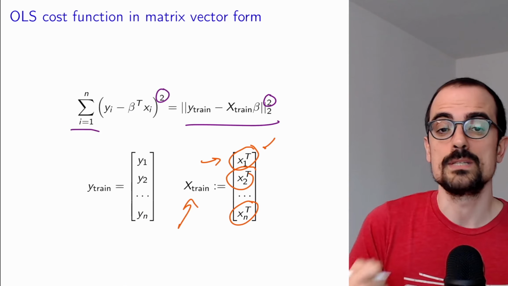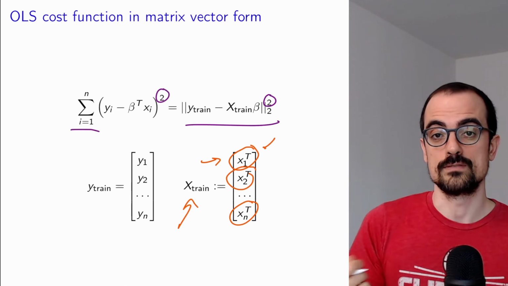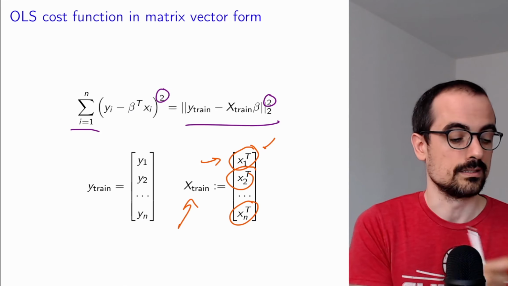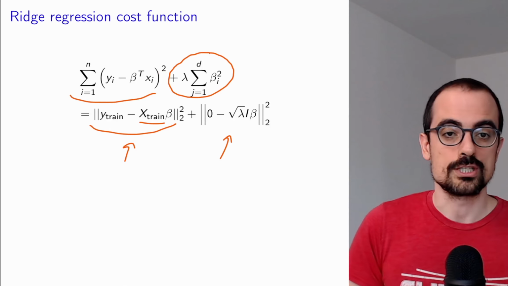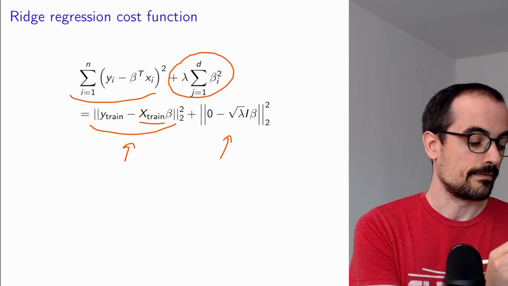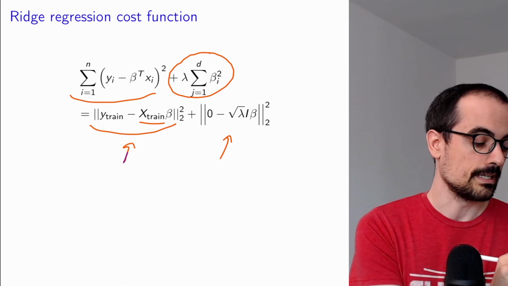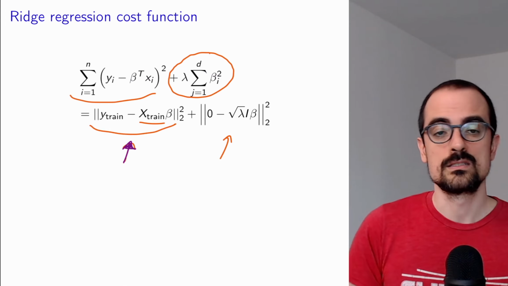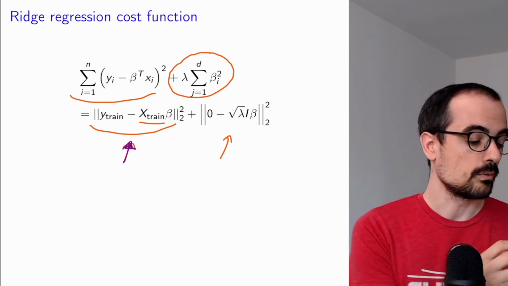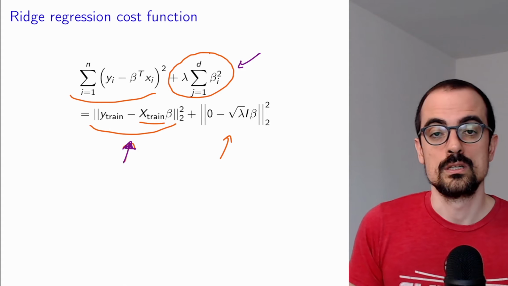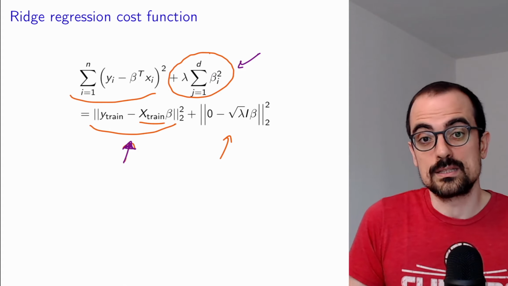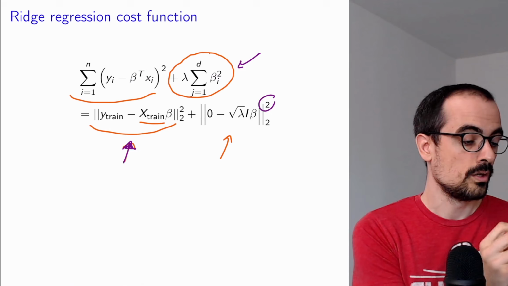The squared L2 norm is just the sum of squared entries of the vector that you're applying this norm to. So going back to the ridge regression cost function, we have a first term that is exactly the same as the OLS cost function, and then we have this additional term, which is the sum of squared coefficients. So it's the squared L2 norm of the coefficients.